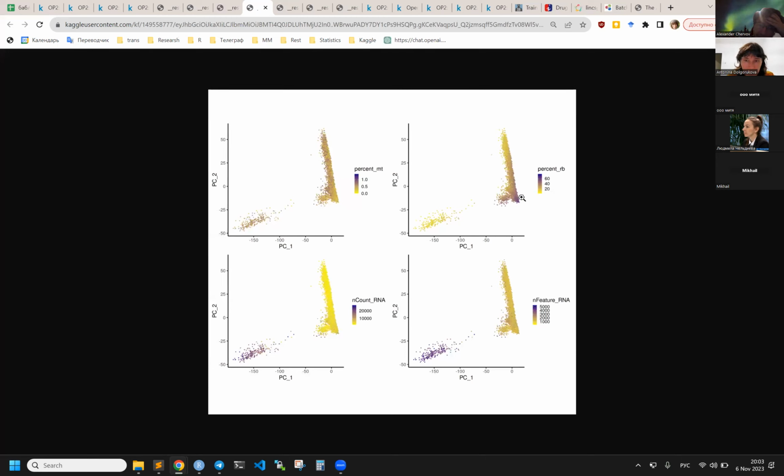I don't know, maybe the percentage of ribosomal genes. Yeah, maybe this one, because the color goes down here. Interesting.